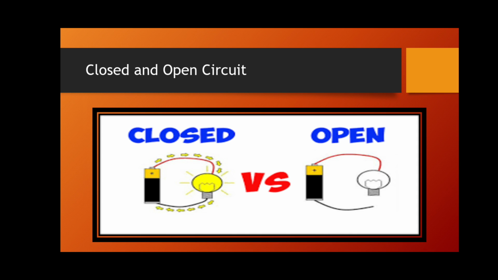Such an incomplete circuit is called an open circuit. It is clearly visible that where the circuit is closed, the bulb is glowing because there is no break, and where there is a break, it's an open circuit, and here the bulb will not glow.